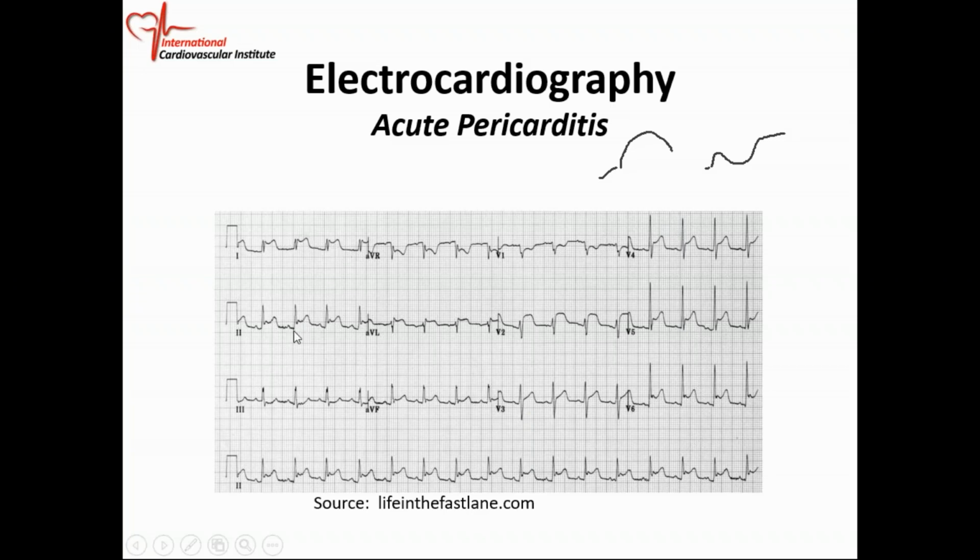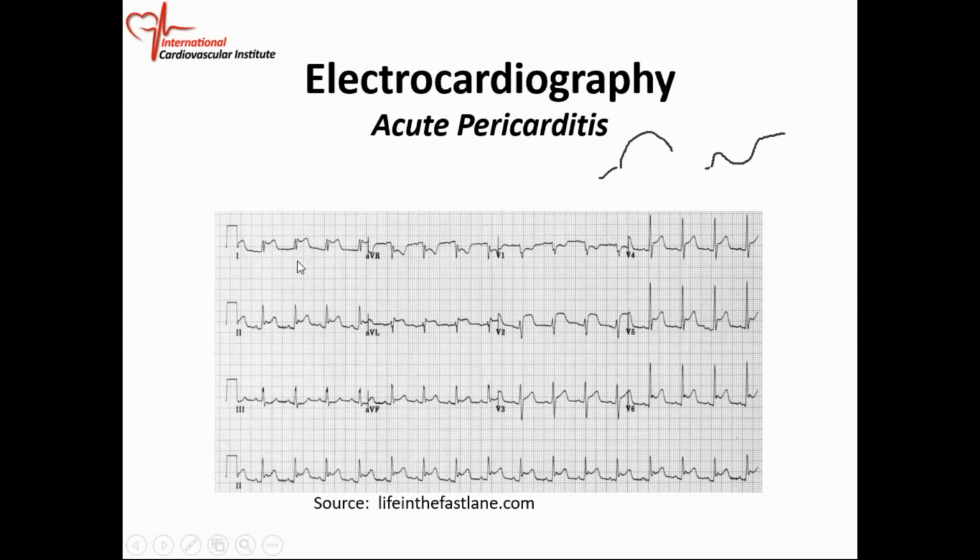You have ST segment elevation in all the leads except AVR and V1, where the ST segment is depressed. It's not elevated, but you're going to have PR segment elevation, so the PR segment is elevated in AVR and V1.